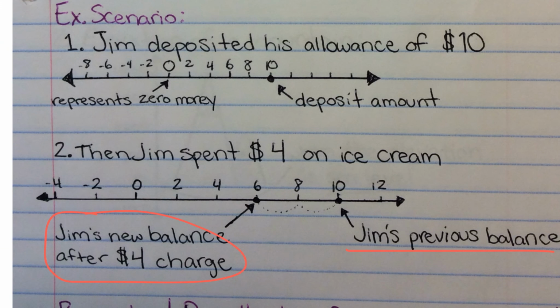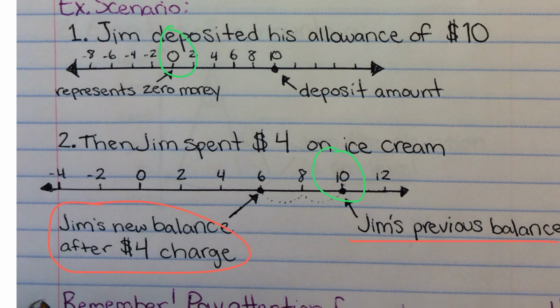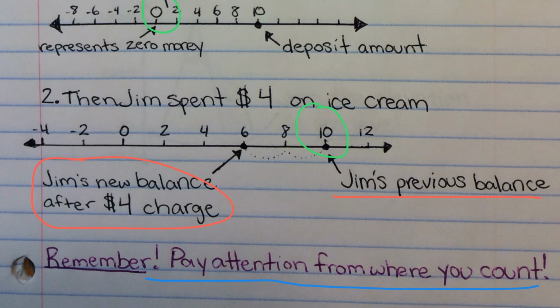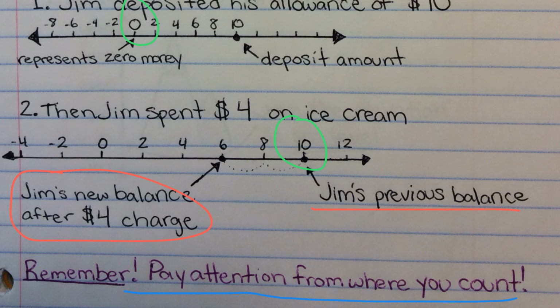In our first example, we started counting from this 0 because he had 0 money in his account. In our second example, we started counting from 10 because 10 is the amount he had after the first deposit. So, point being, you must pay attention to where you start counting from. Okay, this is very important. Very important, and we will talk more about that in another lesson, but that's key.